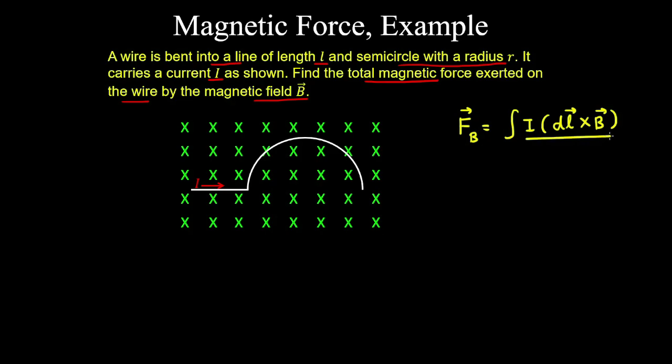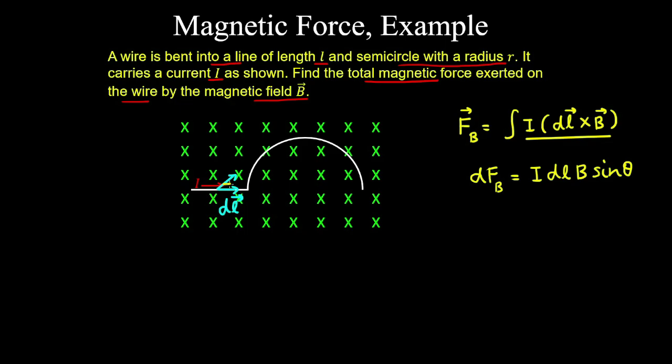So let's take the magnitude of the differential force as I by the magnitude of dl by the magnitude of B by sine of the angle between the two vectors. So we have a differential vector along the length of this part of the wire and a magnetic field vector that goes into the screen.